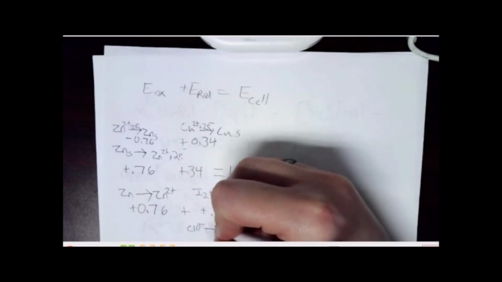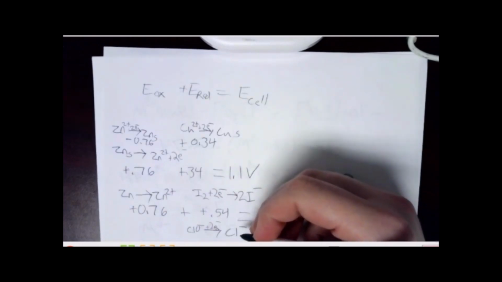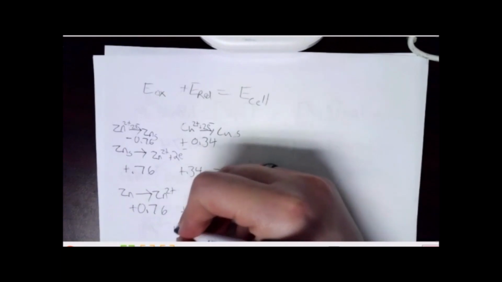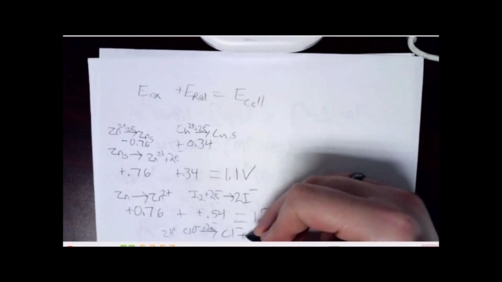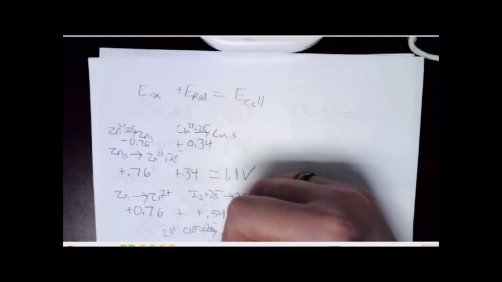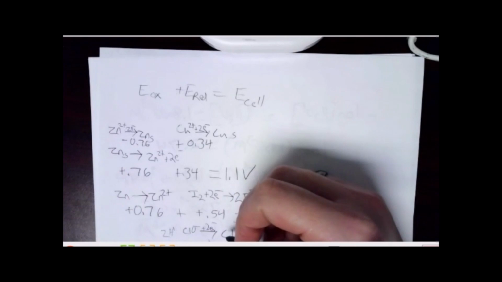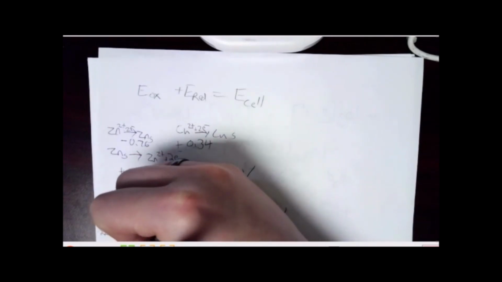Now the other reaction, we had ClO minus goes to Cl minus, two electrons. If we look that up, that's positive 0.84. Now, since we're going from I minus to I2, that's negative 0.54.